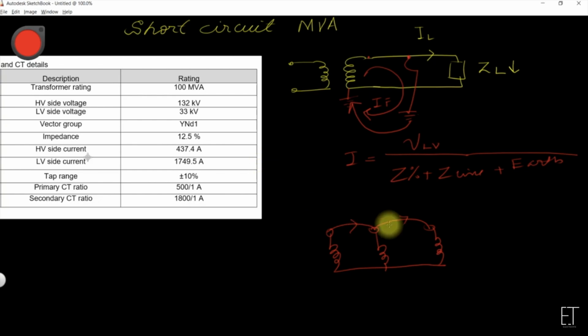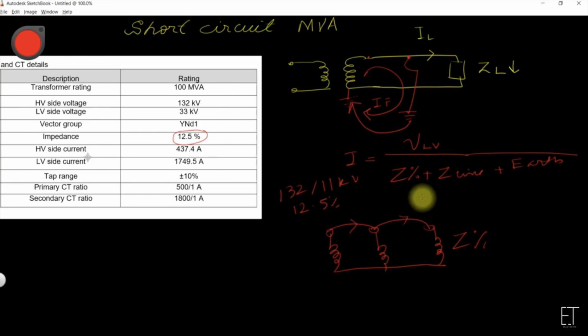So this impedance, we can call it the Z percentage impedance. Here you can see this is 12.5 in this transformer. As a thumb rule, if the voltage of the transformers is increasing, for example, if there is a transformer 132 by 11 kV, the percentage impedance here is 12.5%.